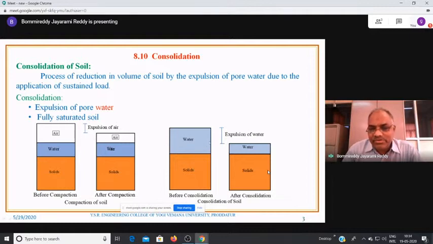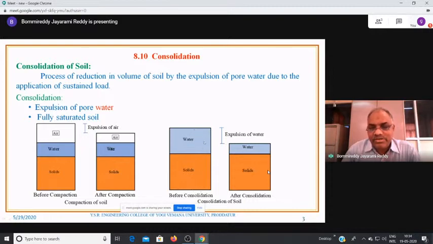Whereas in case of consolidation, the process is always for fine grained soils, particularly clay soils. Consolidation will occur only in clay soils, and before consolidation, the soil consists of only two constituents, a two-phase diagram. The soil consists of solids and water, and this is the total volume of the soil mass just before the consolidation.